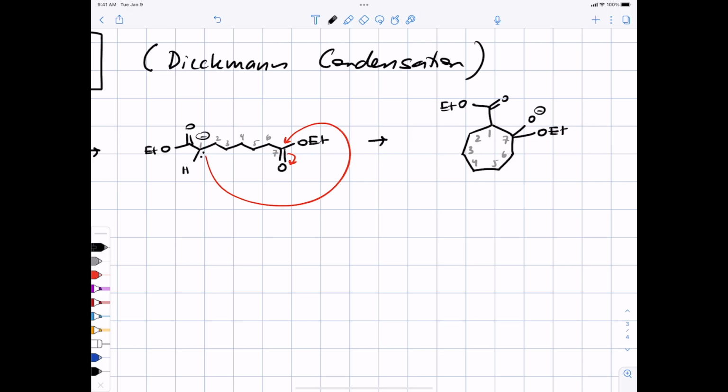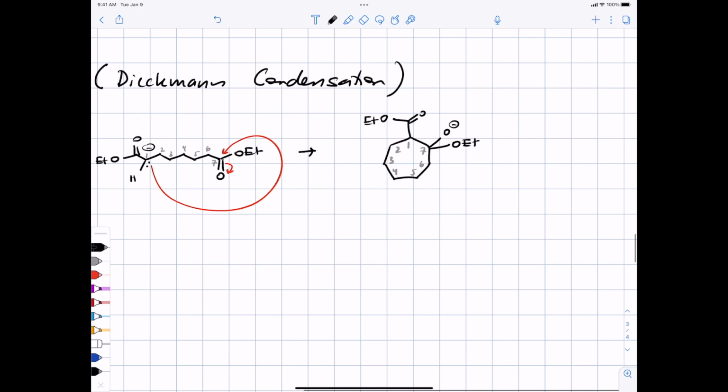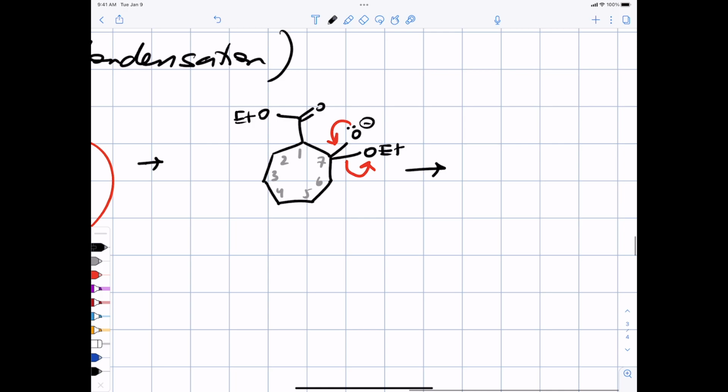It's bonded to the negatively charged oxygen of our tetrahedral intermediate and the ethoxy group, which we can kick off. A negatively charged oxygen is a good enough leaving group to kick off the ethoxide. And we're left with this 7-membered ring product, which is a beta keto ester.